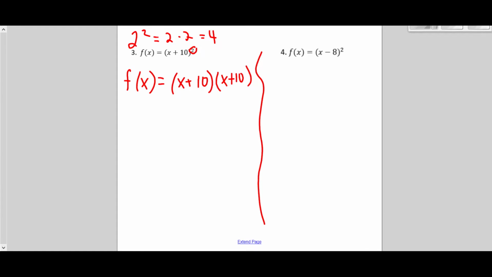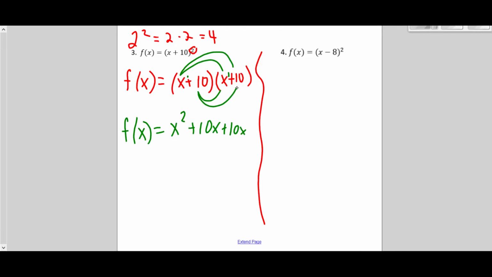So I'm going to go ahead and FOIL this. I'll use the FOIL method. So x times x is x squared. Remember, you're just adding those exponents, which are both 1. X times 10 is 10x. And then 10 times x is 10x. And then 10 times 10 is 100.